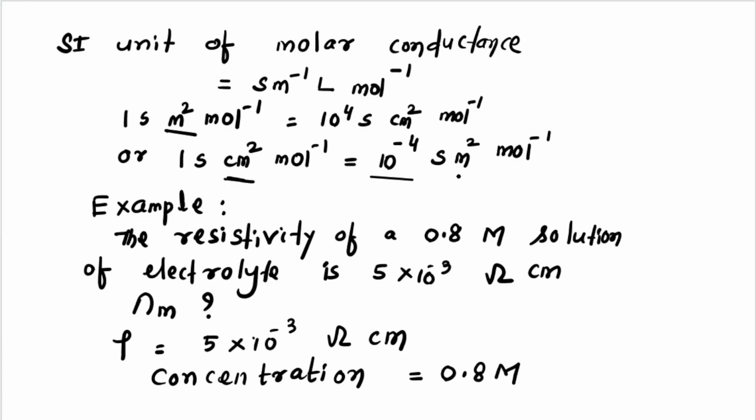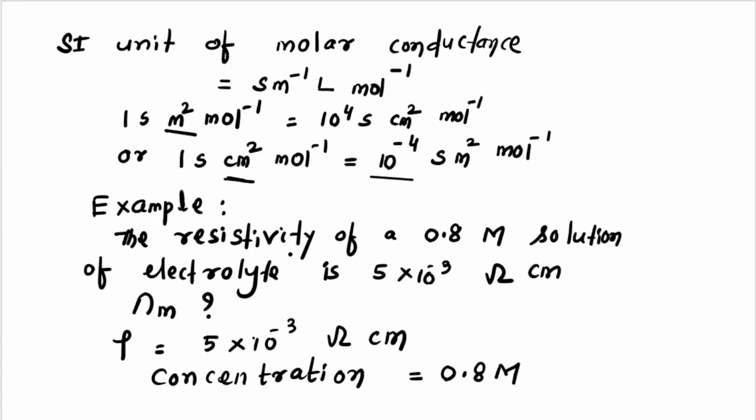It is very difficult, so try to understand it by reading 2-3 times. S means Siemens, M means meter, L means liter, mol means mole. You put it accordingly in the calculation.